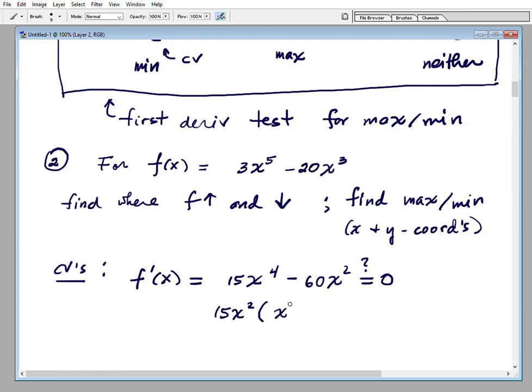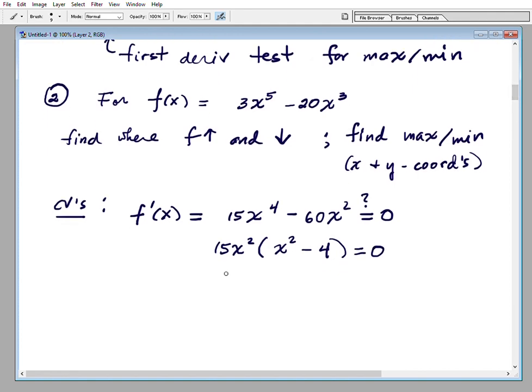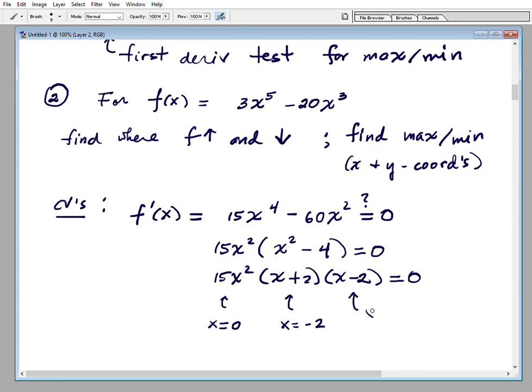And here we have x squared minus 4. Okay, so just factor that again: x plus 2, x minus 2. Okay, so now we're going to solve this. This piece, x equals 0, we get from here. From here we get x equals minus 2. And from here we get x equals 2. And these are all critical values.